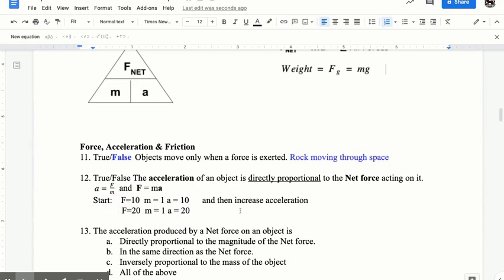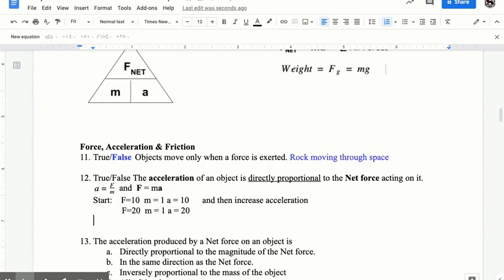We would say, okay, so as acceleration increased, my net force, and whatever word you put here is going to tell you if it's directly proportional or inversely proportional.